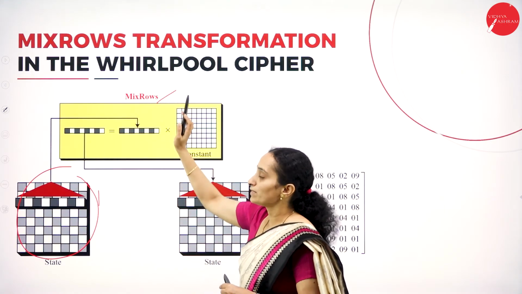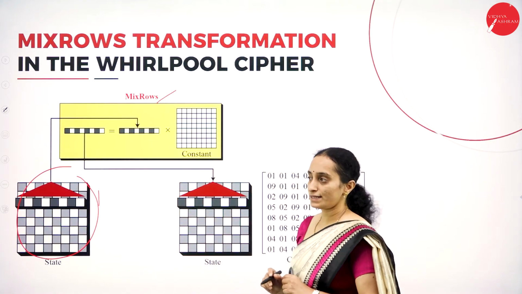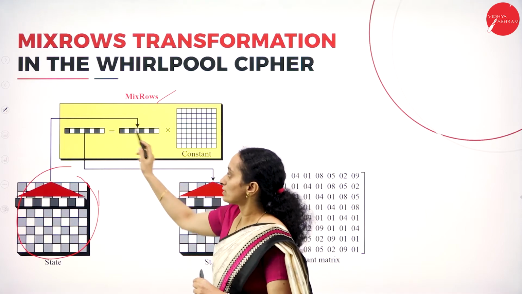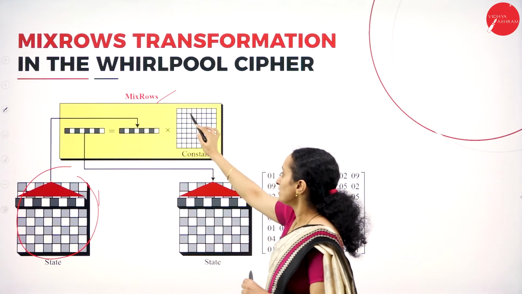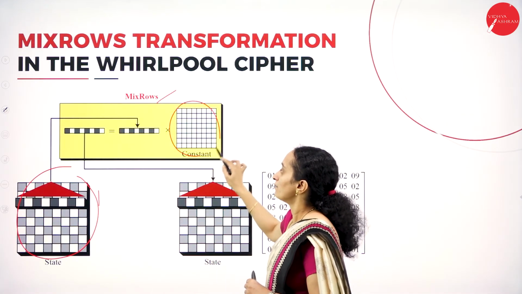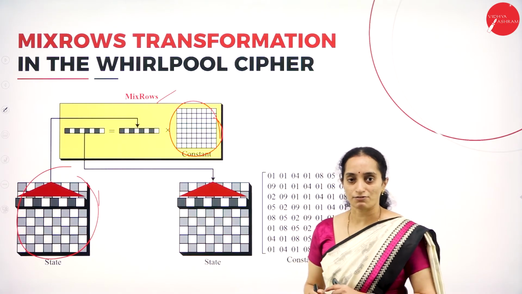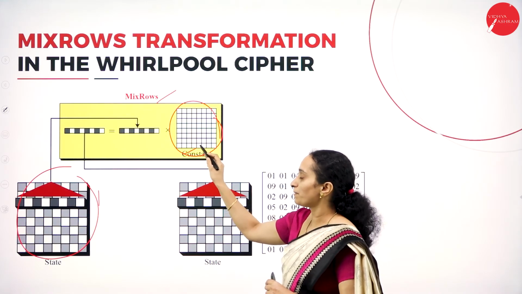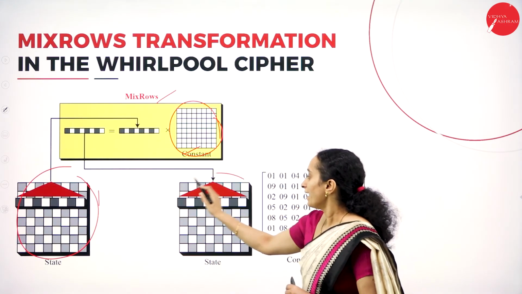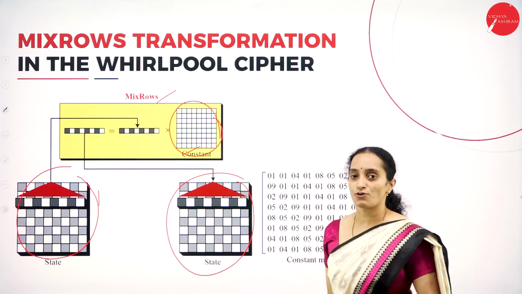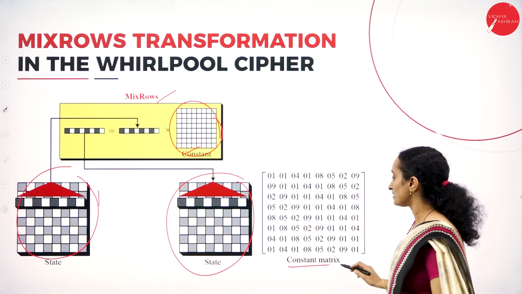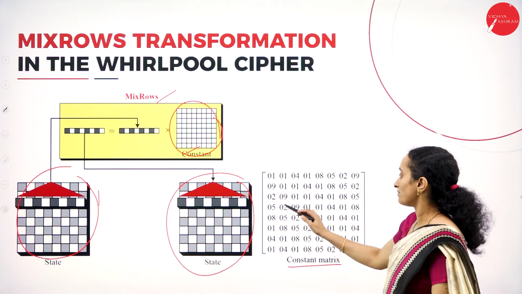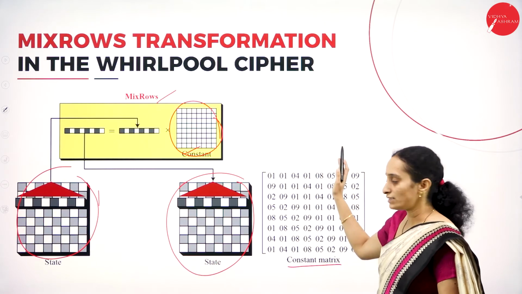We use the mix rows algorithm to mix the rows, bits in the rows will be mixed, which are multiplied with a constant value. As I said in the AES cipher, it is multiplied with the constant value and we get a new transformed state which is applied with this constant matrix 0, 1, 0, 1, 0, 4.